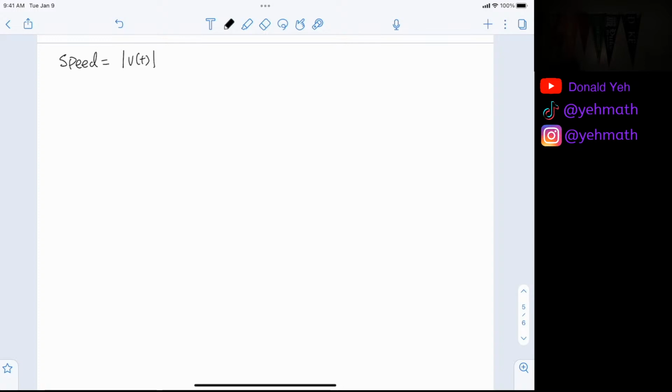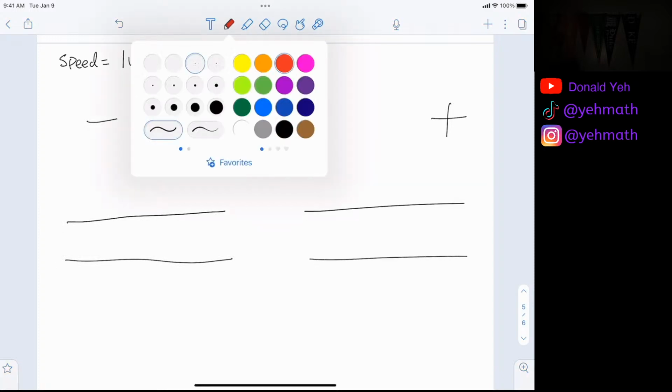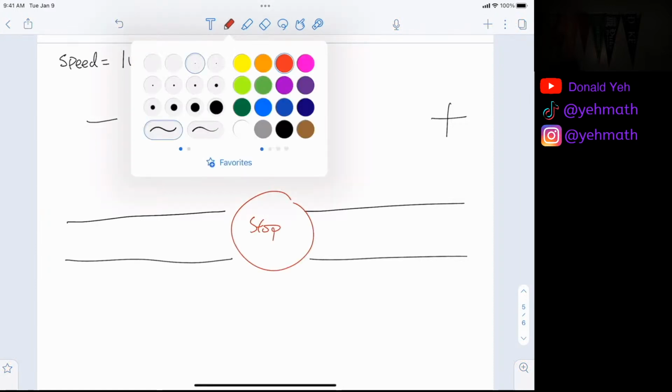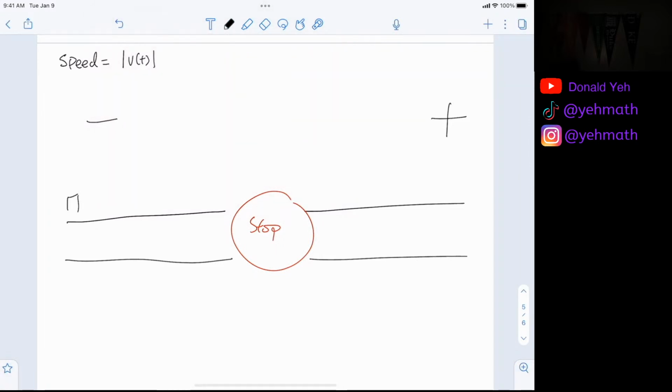Now, you need to say that this direction is positive and this direction is negative. Say I have a road that leads to a stop sign, and the stop sign is red, so we'll say stop here. And I have a car here. Everybody has been making fun of my car today. But this car is going this way, and the velocity is positive.